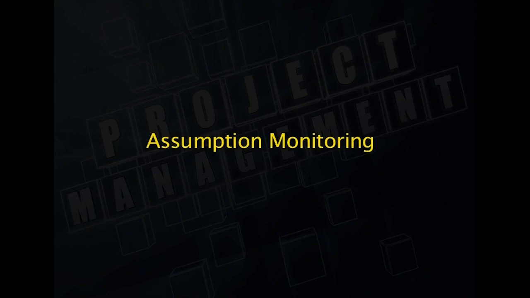Next is assumption monitoring. Any project has its working assumptions, which have to be clearly outlined in the project log frame. These assumptions are those factors which might determine project success or failure, but which the project has no control over. Assumption monitoring involves measuring these factors which are external to the project.